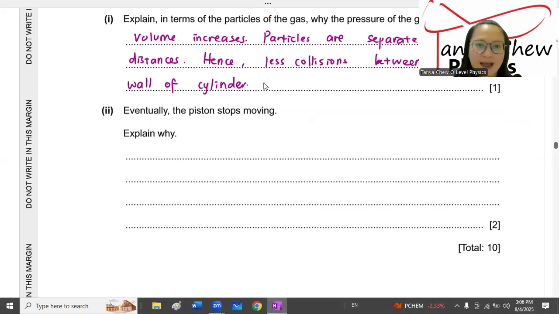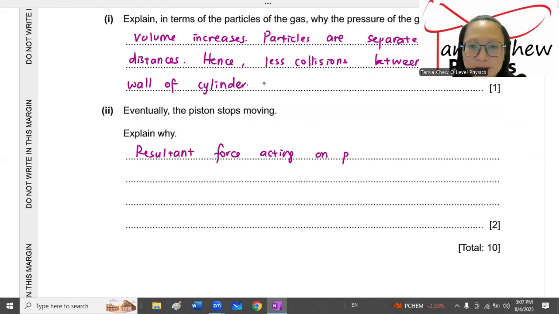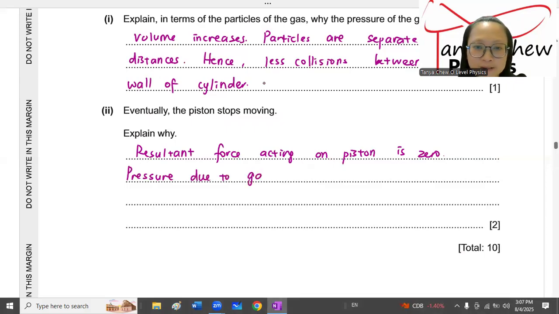So I would say that, okay, the pressure, resultant force acting on piston is zero. Why? Let me explain, right? So pressure due to gas particles or the force, right?